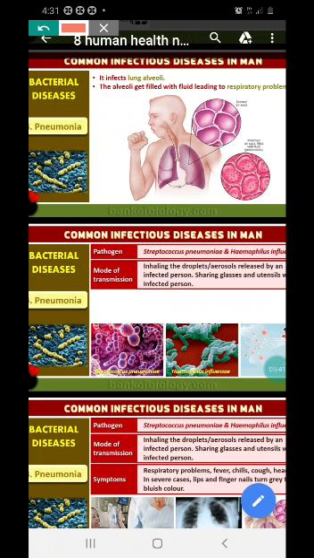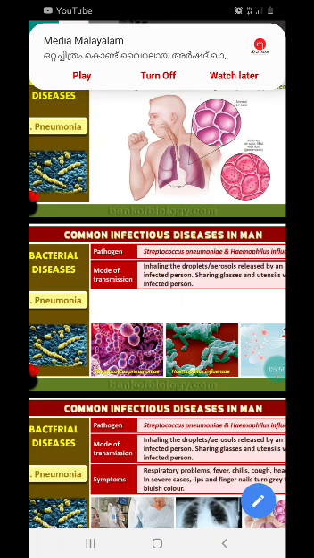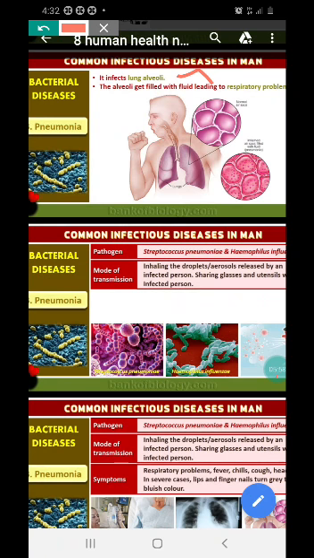Now, it mostly affects our lungs. The alveoli get filled with fluid, leading to a respiratory problem, because the lung is getting filled with fluid.